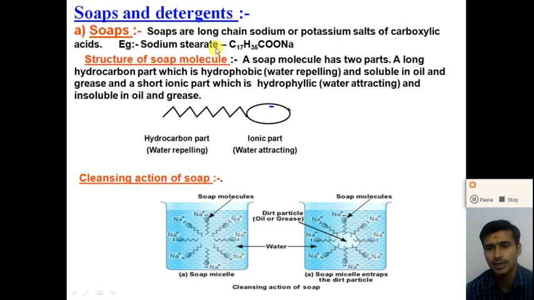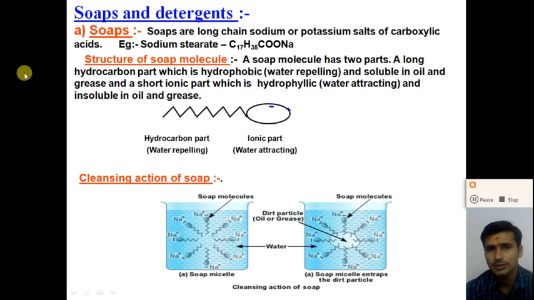It is a long chain carbon compound: 17 carbon atoms are connected in a long chain, and at one end the carboxylic group COONa, the salt group, is connected to this, right? So this long chain sodium or potassium salt of the carboxylic acid forms a soap. See, this salt is very helpful, right? Let us see the structure of the soap molecule.